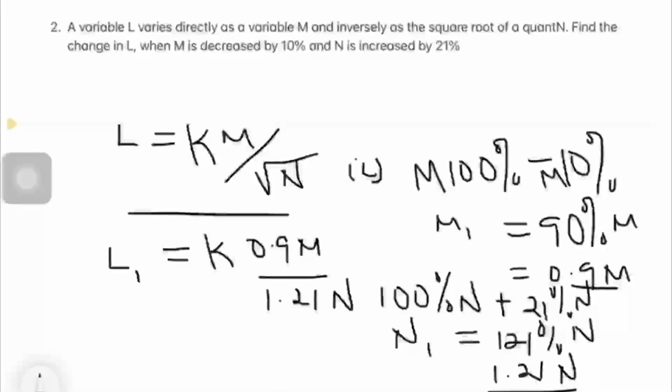Now, sorry, there is a square root here. Square root of N. We add this square root, right? So assume this is our equation 2. We have equation 1 and our equation 2, and then we have to find the change in L, right?